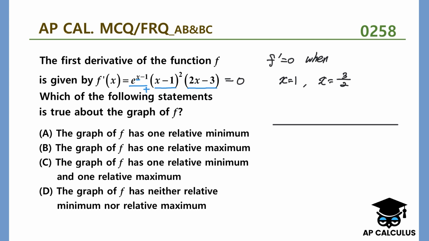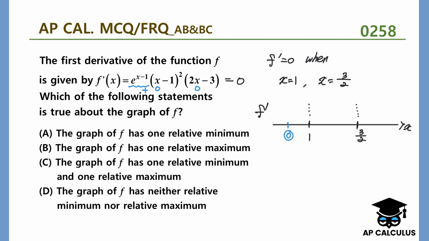So let's do the first derivative test. Here's the number line. Here we have 1. Here we have 3 over 2. So we have 3 intervals to test, right? We're going to substitute a value that is less than 1, so let me just substitute 0. Don't worry about the exponential, this is always positive.